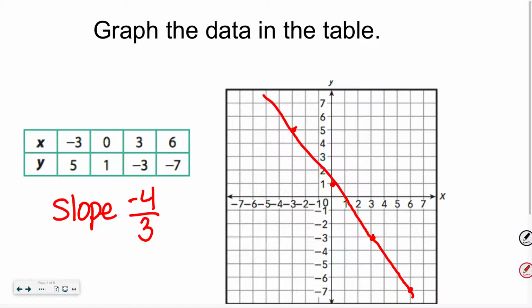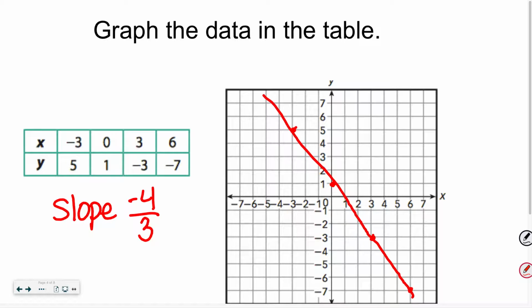So let's look at something like this. I think the coordinate 0, 2 is on this line. And I also think that 1, 4. So I'm writing coordinates.